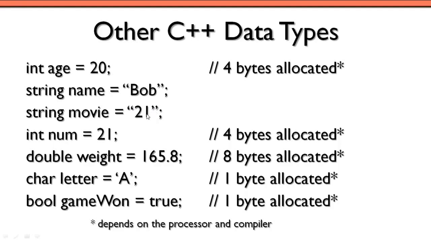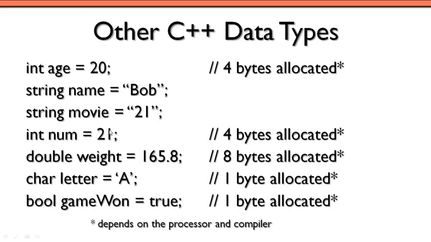Just to contrast that, we see in the next example another int data type being declared. This time we're using the variable name num, and we're taking 21 and storing it into that particular memory location designated by the name num. So these two are very different animals out there in memory, in terms of the amount of space that's going to be allocated, and also in terms of the actual operations that we can perform.